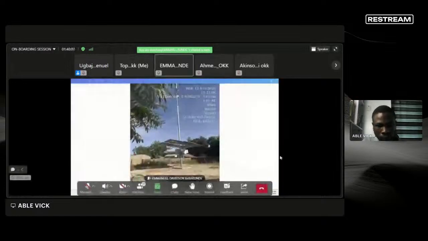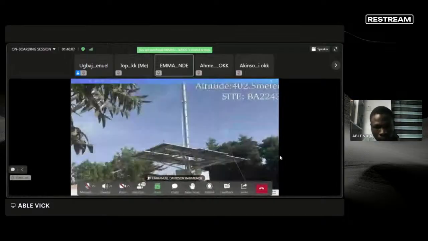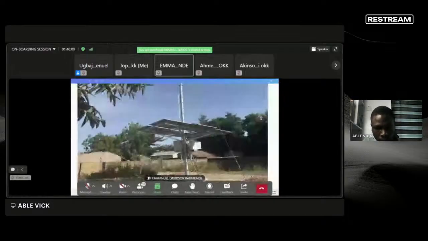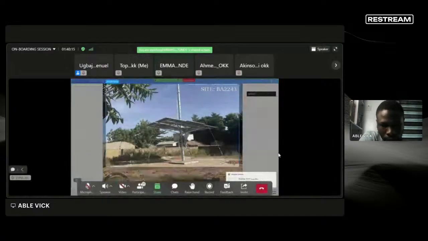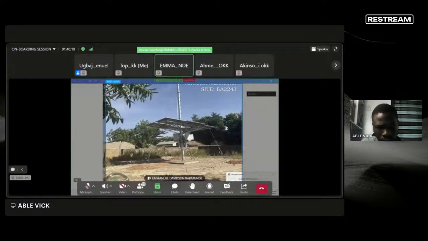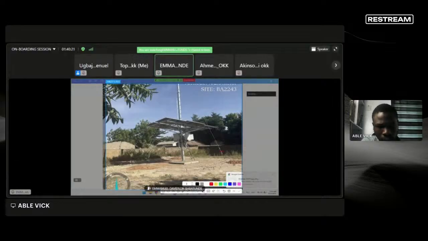If you check this picture too, it means if I go to this site and I measure from here to this point, if I measure from here to the ground, I should be having 1.2 meter. That's the summary.